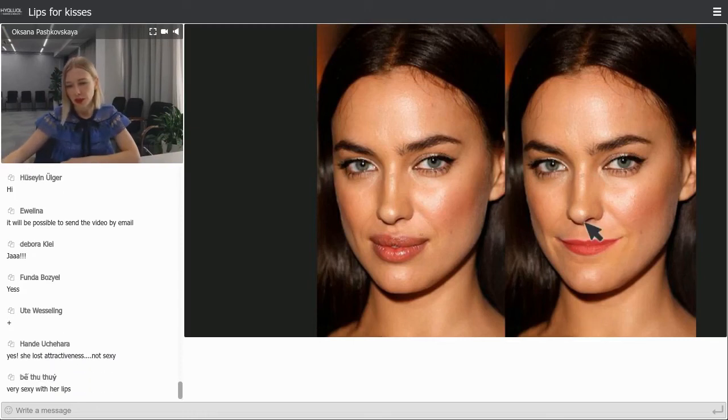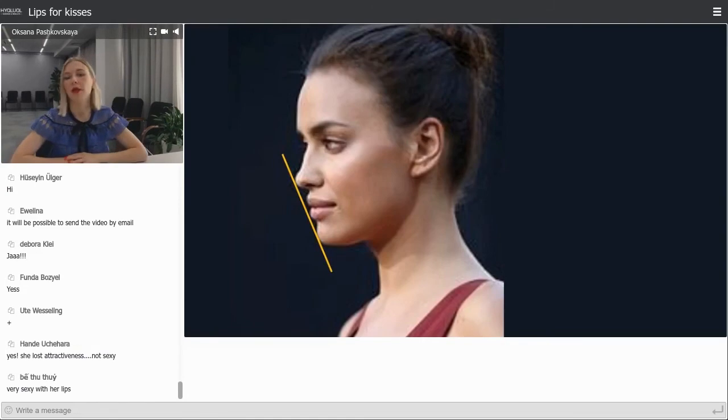Really her chin, the line from the tip of the nose to the closure line, and from the closure line to the tip of the chin. She has a long chin, and also she has, don't forget, Asian roots, and full lips are like an attribute for Asians. So really full lips suit Asian face types.